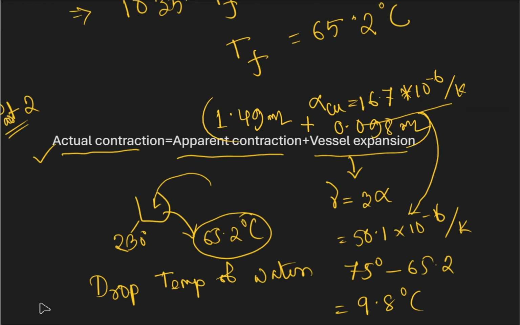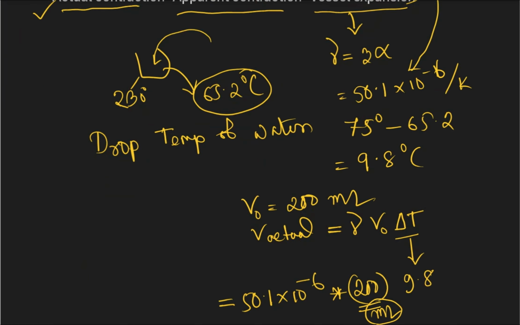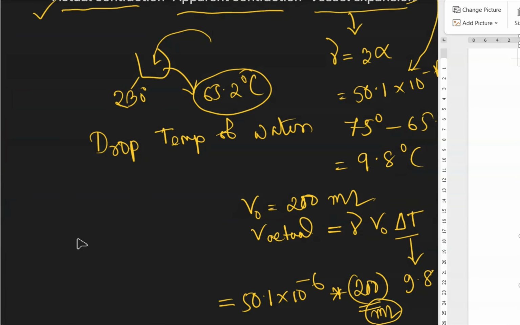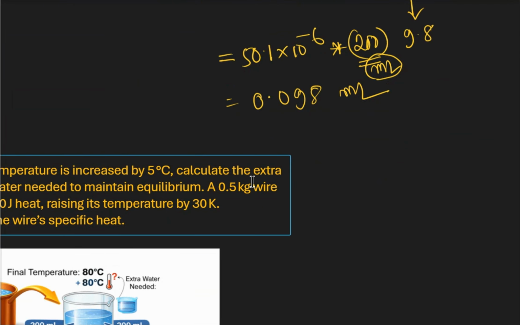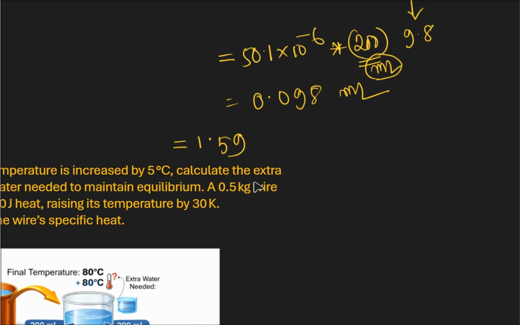If we sum up these two values, we have the actual contraction equal to 1.59 milliliter, the del of V actual. So this is the second part answer.